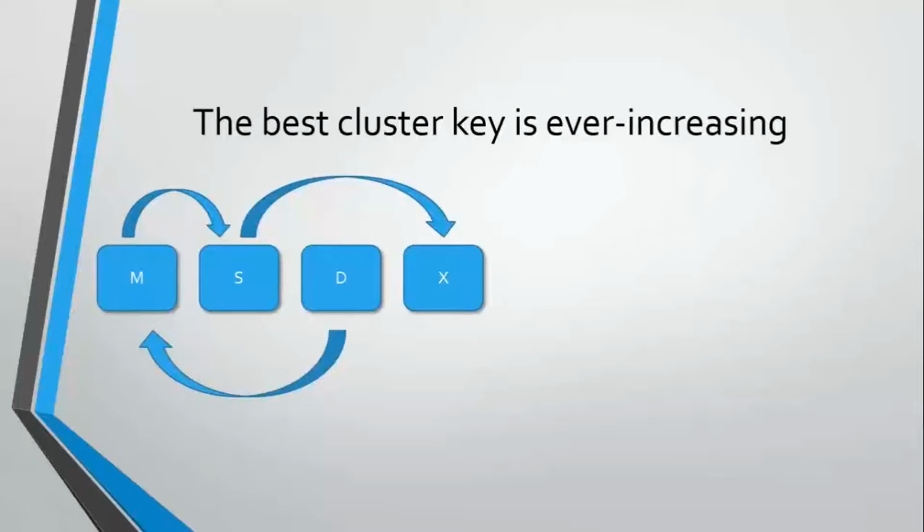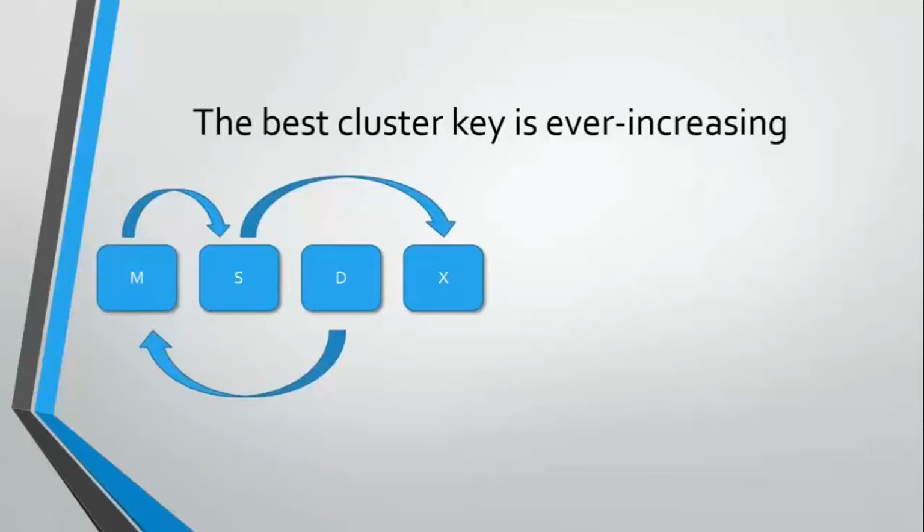So what I'm saying is it's better if your cluster key is based on how your data is going to be inserted. For example, let's say you have an identity column on your table. That would be a pretty good candidate for your cluster key, because your rows are going to be inserted in the order of the cluster key.